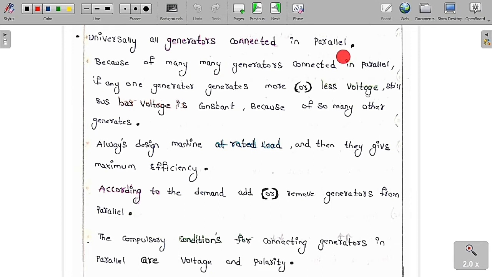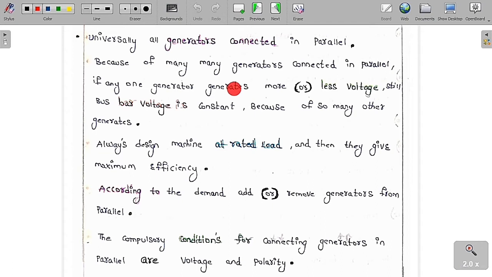These things I have already told you in the previous classes. Universally, all the generators are connected in parallel. Because many generators are connected in parallel, if any one generator generates more or less voltage, the bus bar voltage is still constant, because the remaining generators are generating at that voltage only.